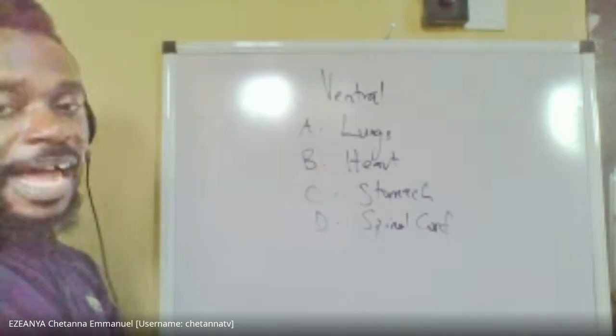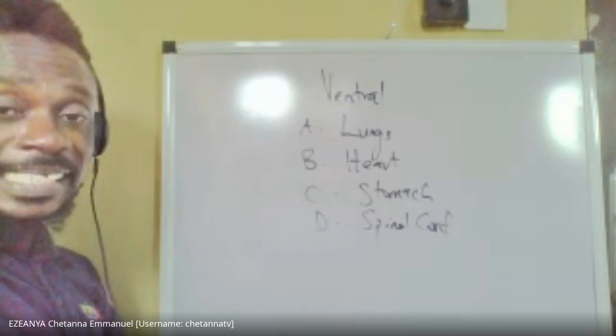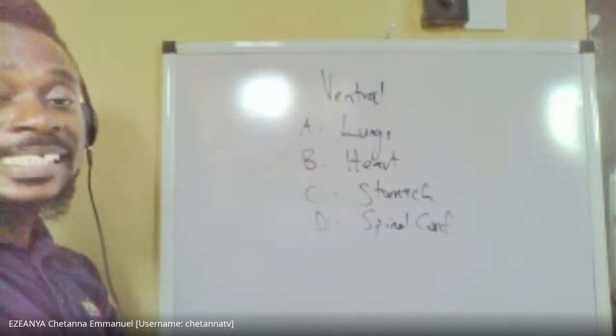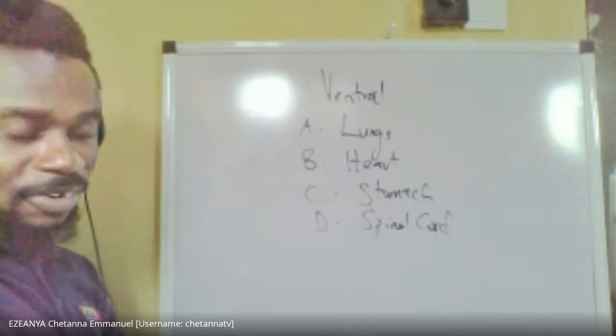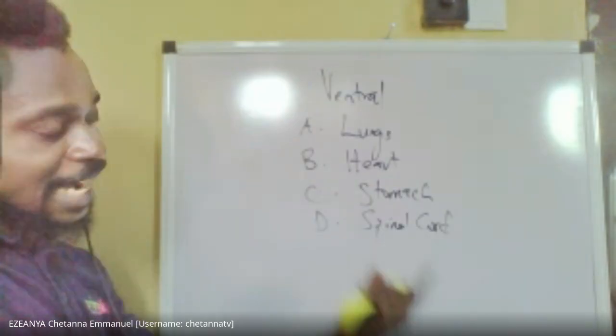Yes, sir. Specifically, let me not mix words. It seems I mixed up some words. I said that the spinal cord is found where? Inside the vertebral canal or spinal canal of the vertebral column, and it is in the dorsal cavity.